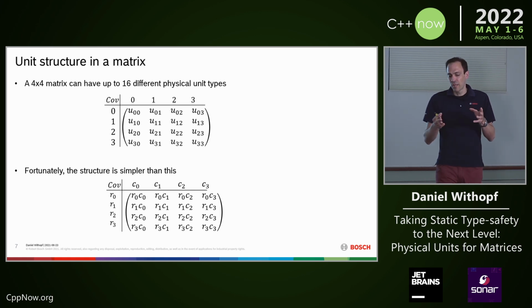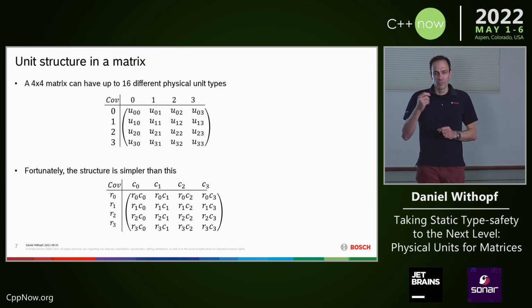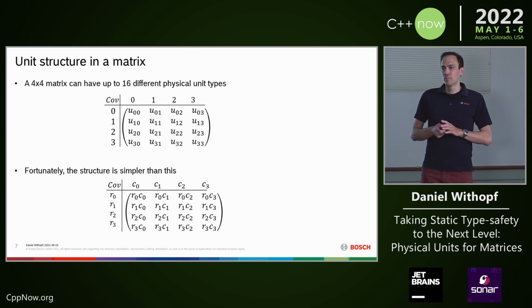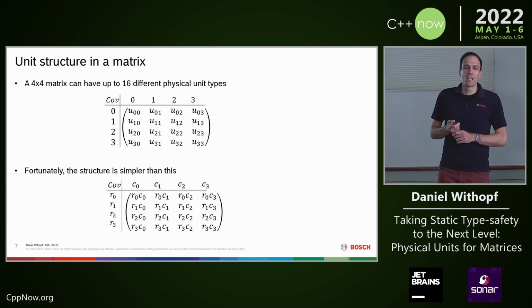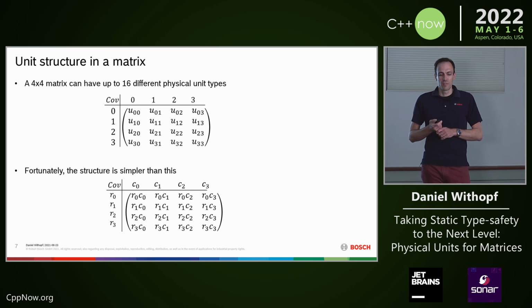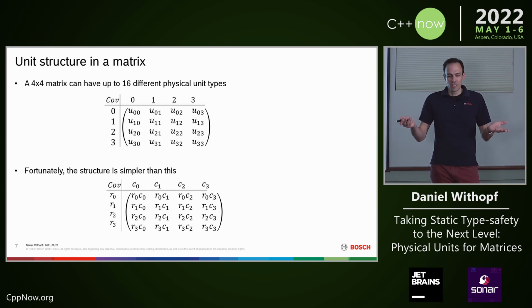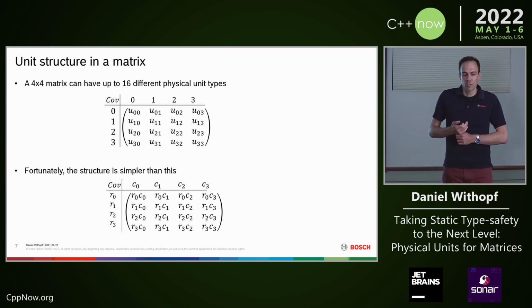So you either multiply them, or, as we'll see later, it's an operation. You do an operation between row unit and column unit, and this is the full unit structure in all physically meaningful matrices. It's not proven in the book, it's a claim by him, but I'm also pretty sure that all matrices I've encountered and could come up with have this structure, so I'm fairly certain that this is true.